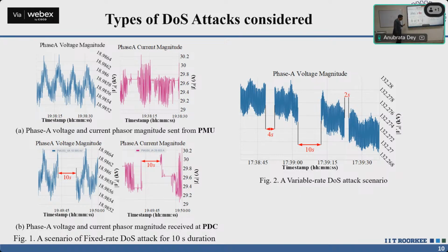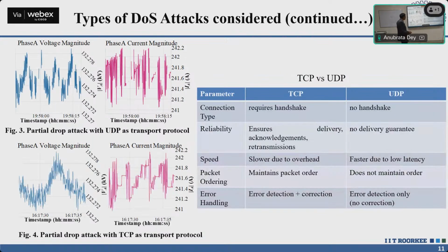Then we have done, let's say, a fixed rate of DOS attack for 10 seconds of data. Though the PMU is sending the data, at the PDC that 10 seconds of data is not available because of the DOS attack. In the same way you can try multiple durations, maybe 4 seconds, 2 seconds, 10 seconds. The PMU is sending the correct data, but the PDC is not receiving the correct data because of the DOS attack.